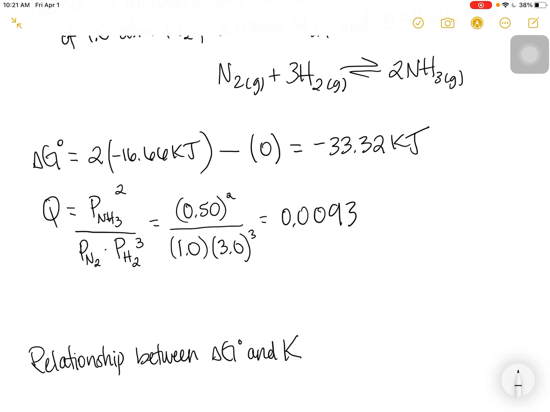Remember, Q, just like K, is unitless. And now all of a sudden I have all the pieces of information for my problem. So I have that delta G is equal to delta G at standard conditions plus RT times the natural log of Q.